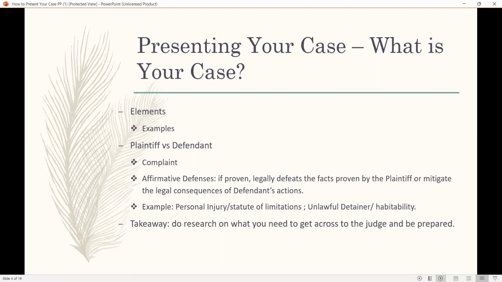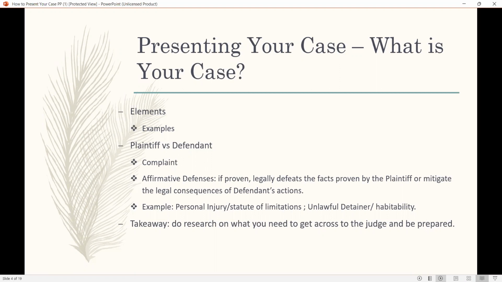But an affirmative defense to that may be what's known as habitability, which means, yes, I didn't pay rent, but there's a legal reason I didn't pay rent, and that legal reason pertains to the conditions of the property. So now they have to prove what the conditions of the property are and a number of things in order to establish that affirmative defense.